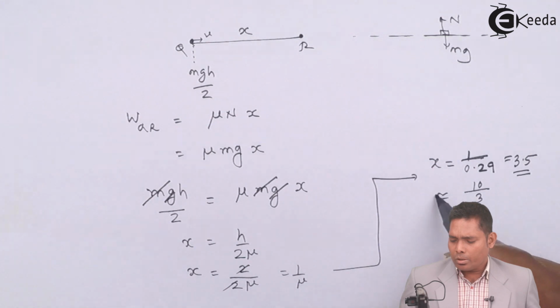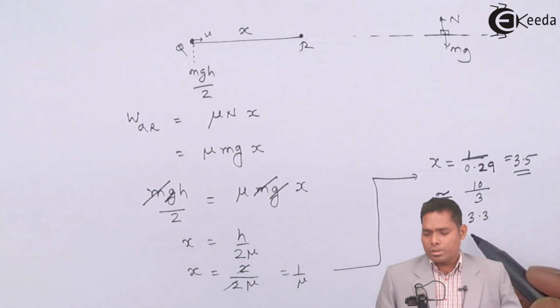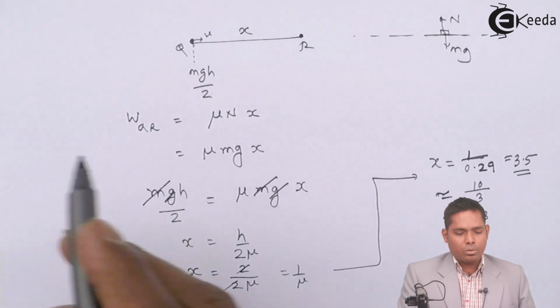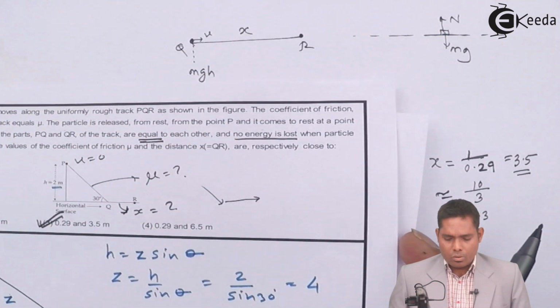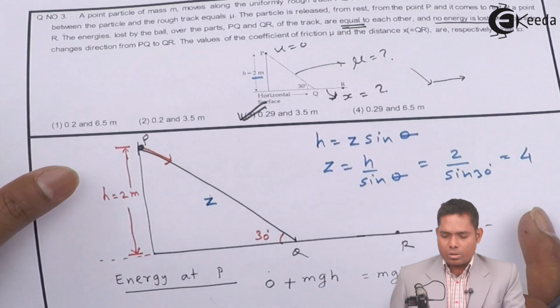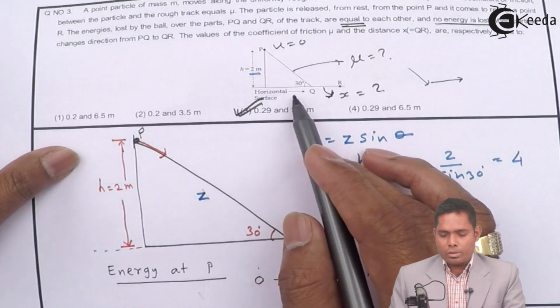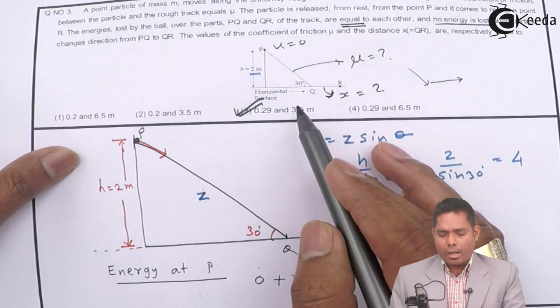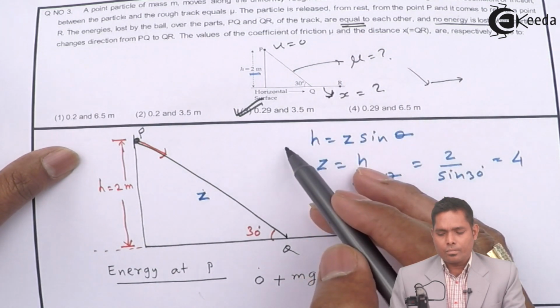So there is no need to waste your time. You have to predict this way, because this is an easier calculation and that will give you the right answer. So if you see the options, 0.29 is the coefficient of friction, and this distance is 3.5 meter.